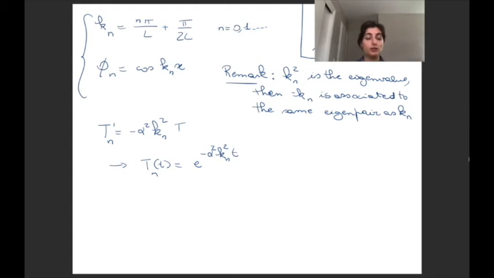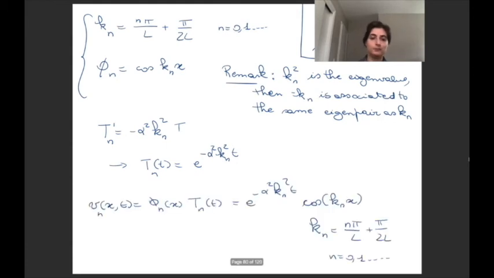Then we can solve for T. So we can solve T prime n equals minus alpha squared kn squared T. We know the solution is the exponential of minus alpha squared kn squared t. So our component solution is the product of phi n times Tn.